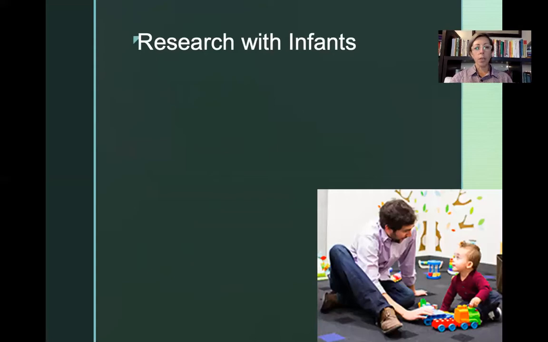Okay, so research with infants. Infants, we need to think about alertness and attention. They have much more trouble consciously or purposefully using their attention than older children. So paying attention to what they're paying attention to is really important for researchers to make sure that they are reacting to what we want them to react to, right?